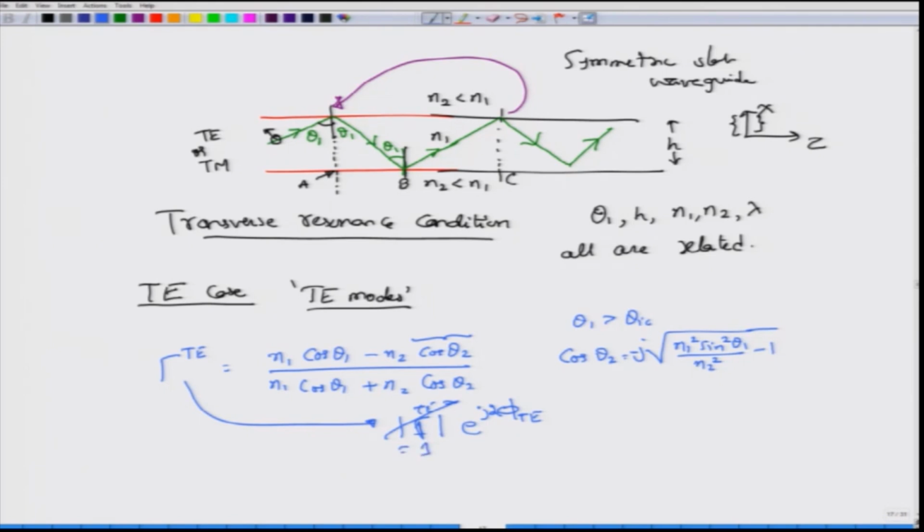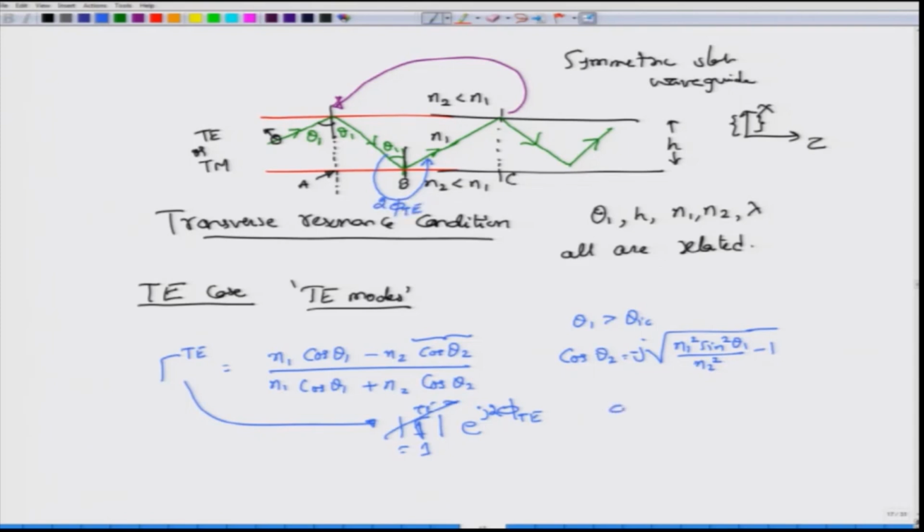As the ray of light leaves the top at the plane z equal to A, arrives at B, and then gets reflected back onto the film itself, there is a phase shift that it will undergo, and this phase shift is 2 phi TE.